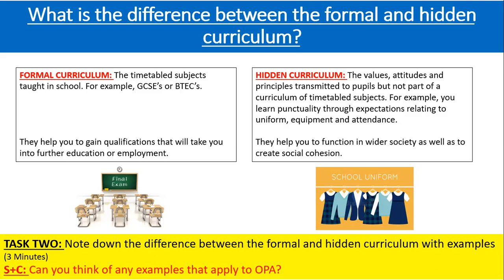Whereas you might say, in terms of expectations, when you're in a sociology class or you're around the school, if I call you out for having your shirt untucked or your top button not done up, that's me calling you out for your punctuality. Okay, trying to regulate that, so trying to encourage the skills for that. Or the fact you're watching this video, or the fact you're doing your homework, that's you learning skills like hard work, perseverance, reflective practice. Okay, so as a stretch and challenge as well, just think about any other examples that apply at OPA.